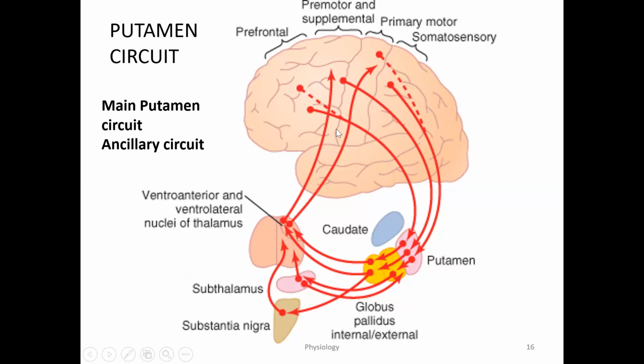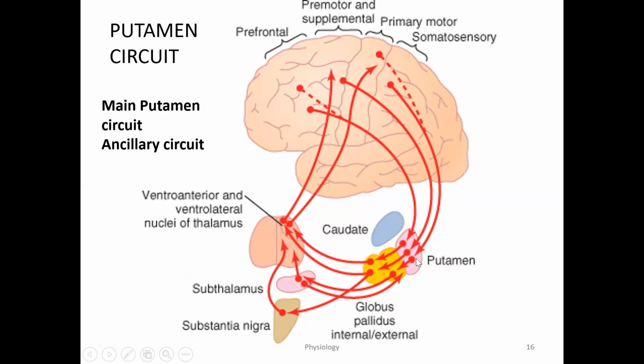The end point is the same as that of the main putamen circuit. So the origin and end point are the same for the main putamen circuit and the ancillary putamen circuits. So the first ancillary circuit is from the putamen to the globus pallidus internal segment, and via the substantia nigra it enters the ventroanterior and ventrolateral nucleus of thalamus.